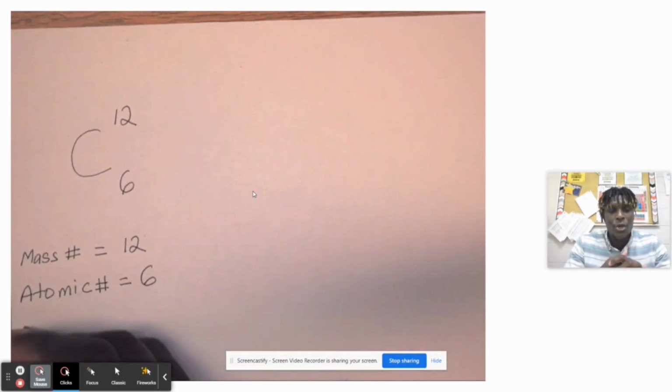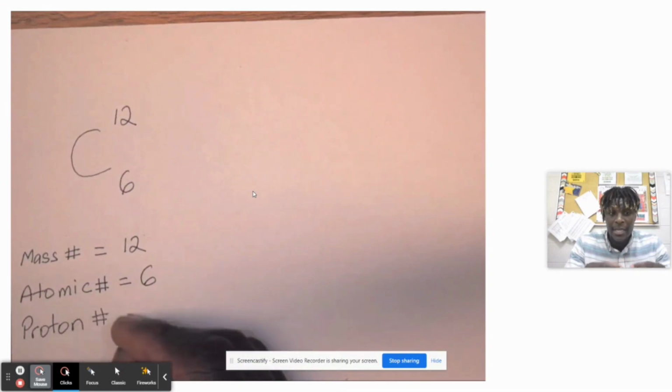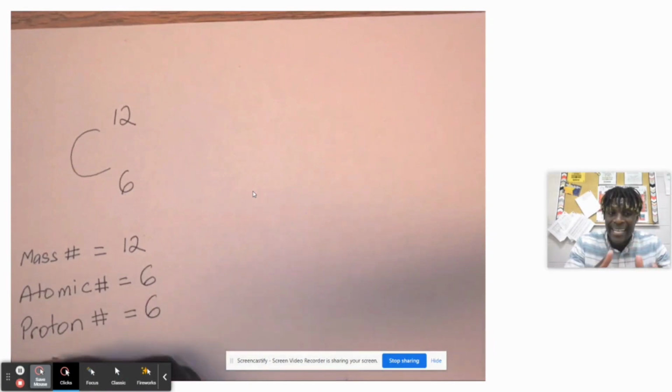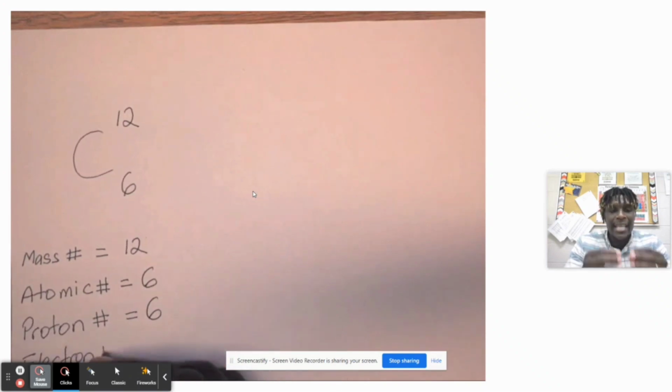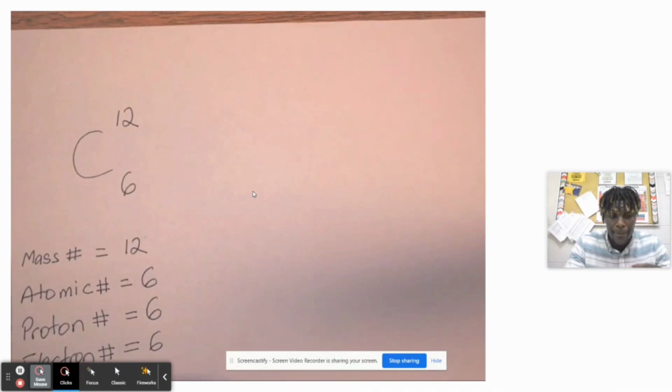Wonderful. Now let us see if we can find the subatomic particles. This first subatomic particle is the proton, and the proton number is equal to 6. Yes, it's the same thing as the atomic number. The second subatomic particle is the electron, and the electron number is 6. It is also equal to the proton number.